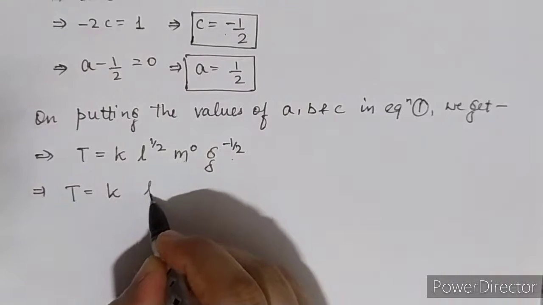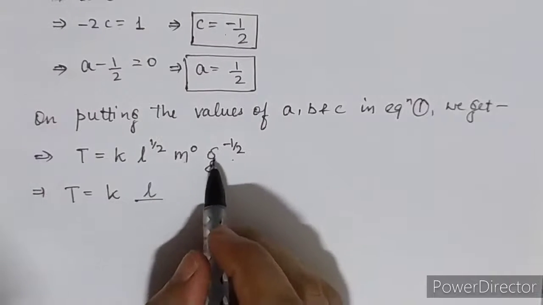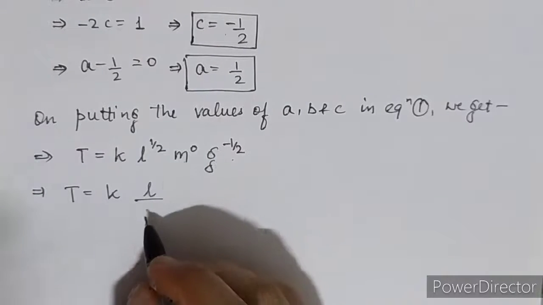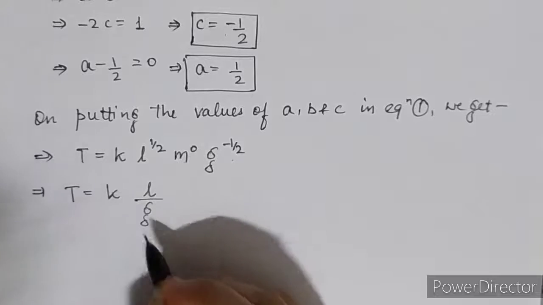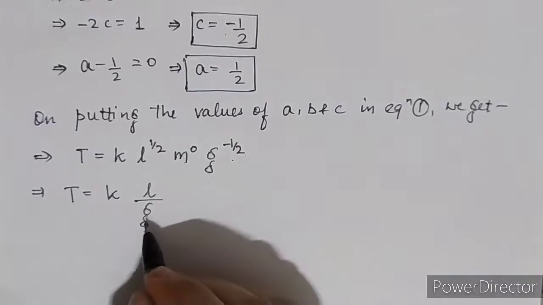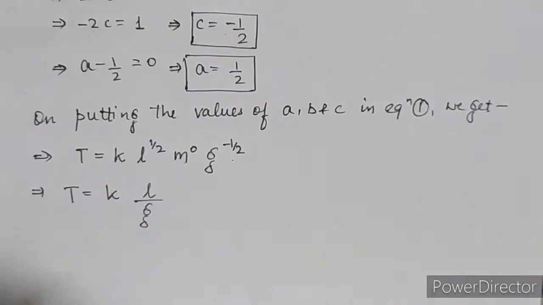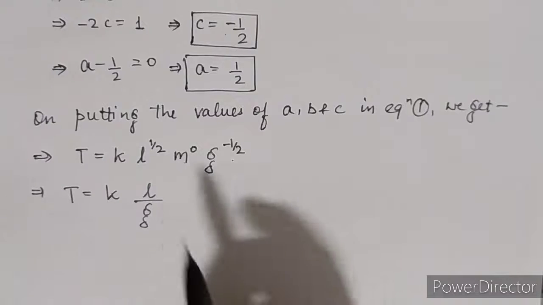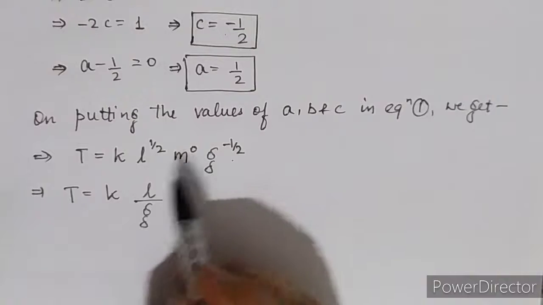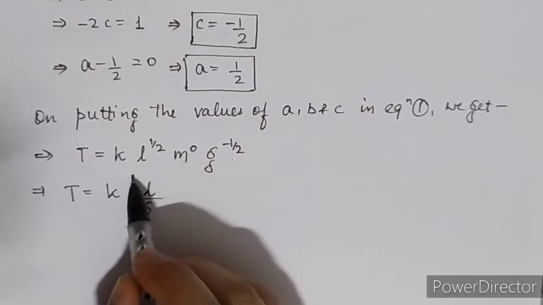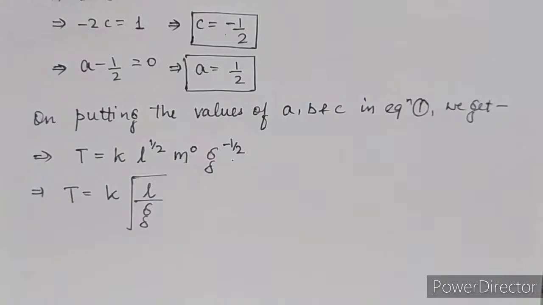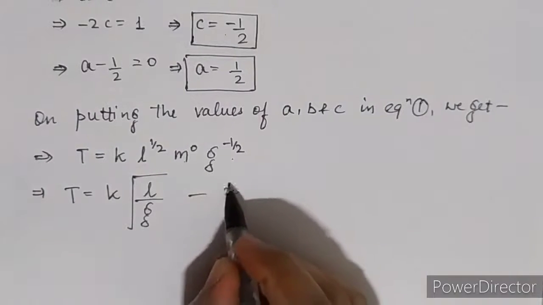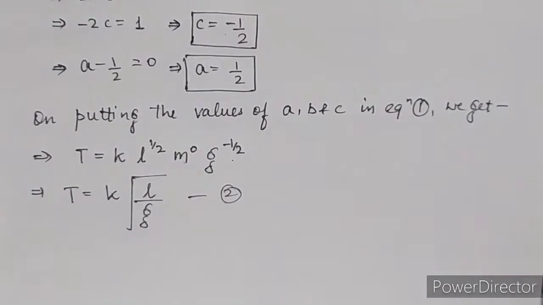So L, and this minus we can write in divide form, because from divide only it comes upside and gives the minus value. Both have 1 by 2, so both have the under root like this. This is your equation number 2, and this is your answer.